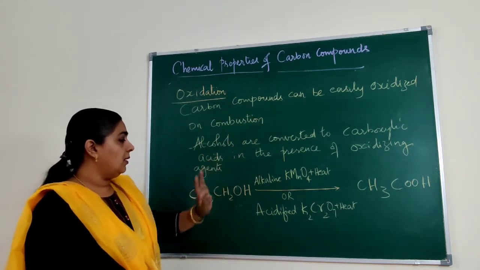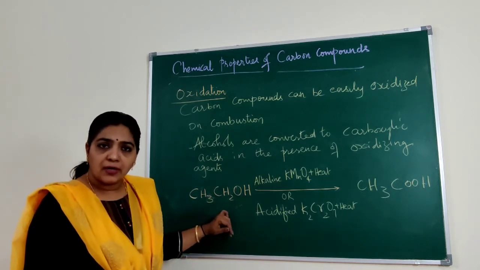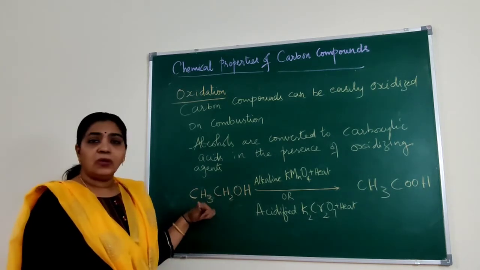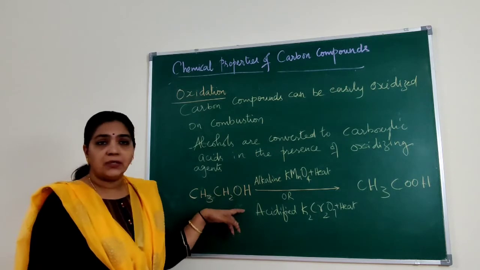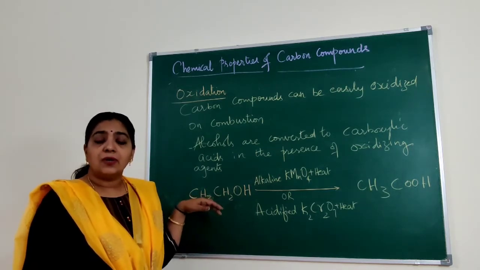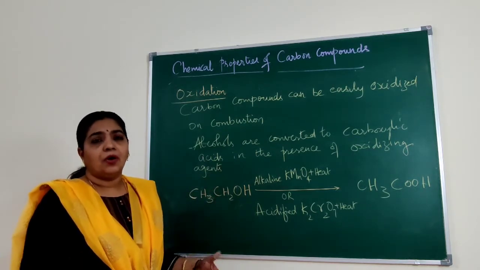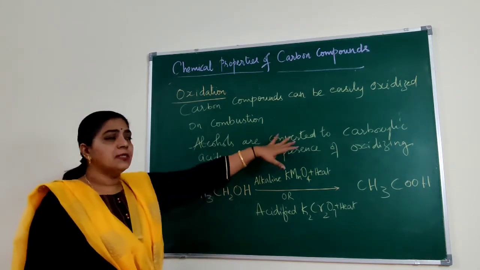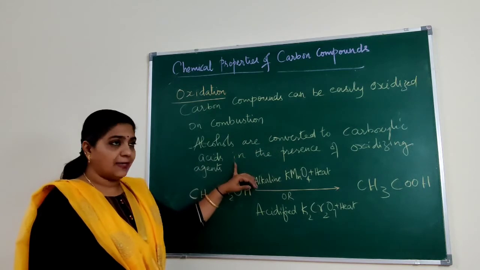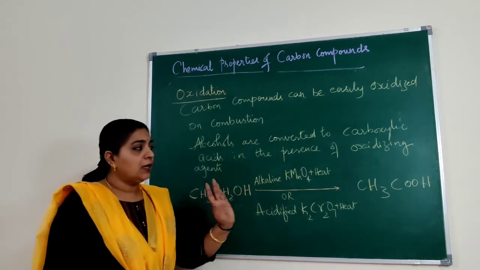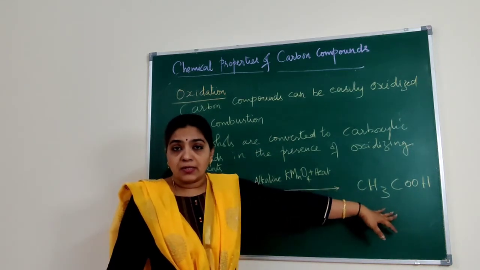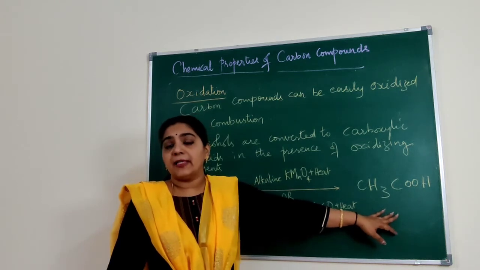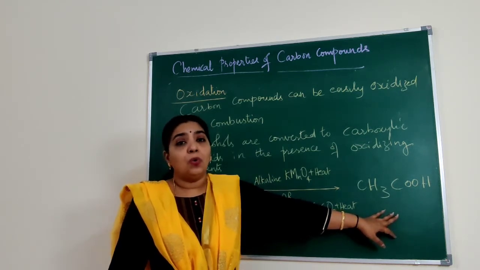Sometimes the alcohol, this is also organic compound. Which alcohol is this one? CH3CH2OH is ethyl alcohol. It is called ethanol. So you take ethanol, propanol, or methanol. So these alcohols are converted into carboxylic acid. You know the carboxylic acid functional group, that is COOH, right?